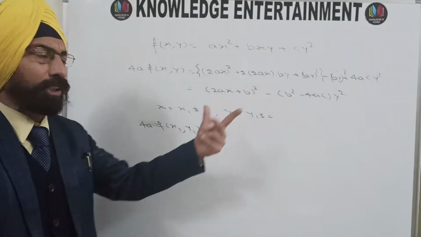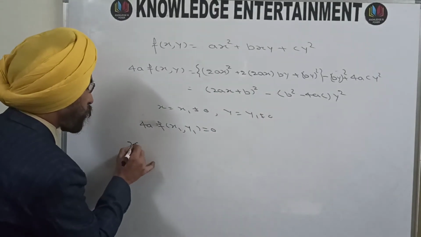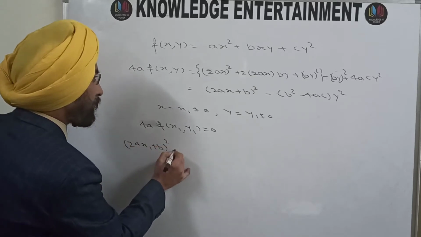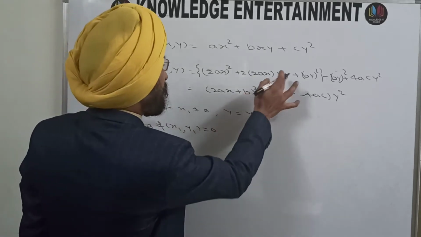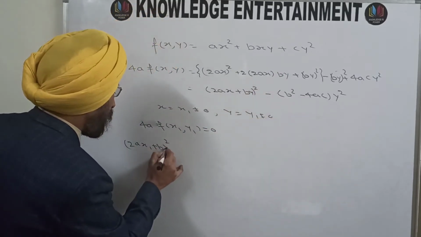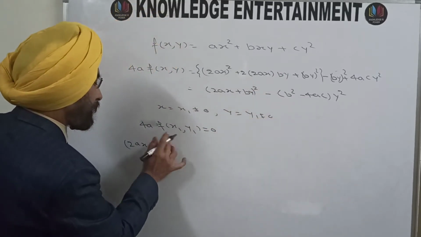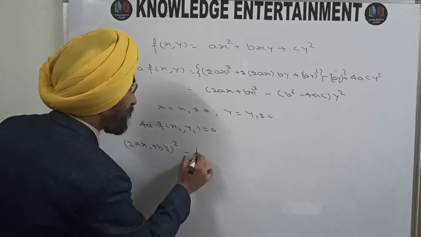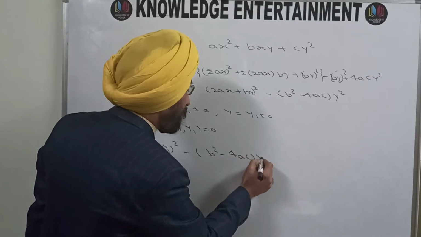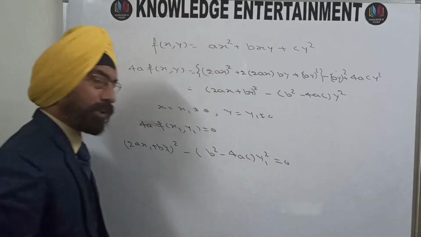So you will get (2ax1 plus by1) whole square minus (b square minus 4ac) y1 square is equal to 0.